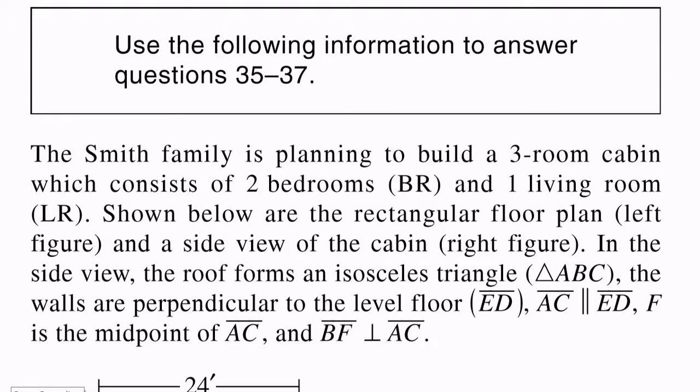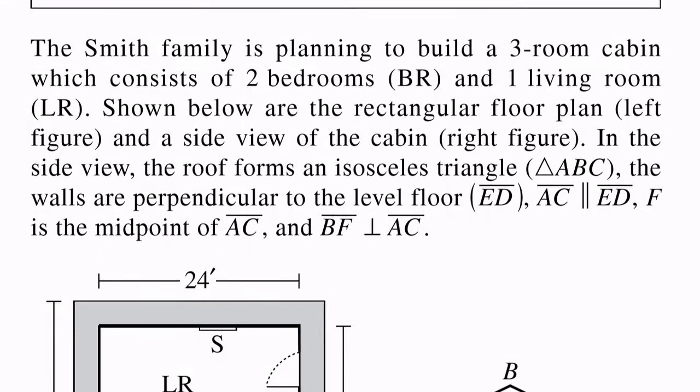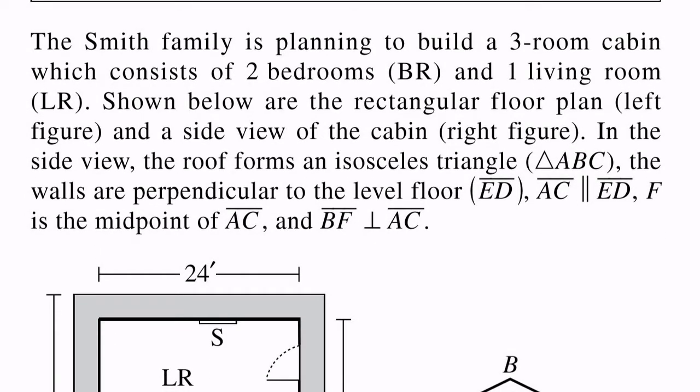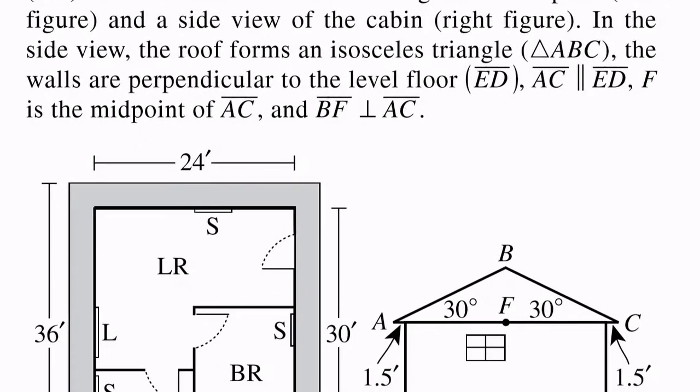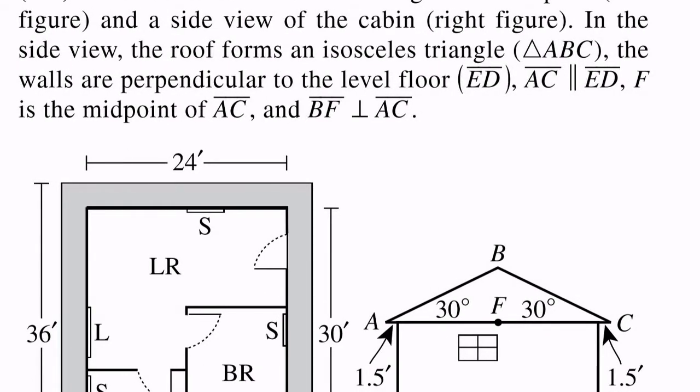Starting number 5, we will use the following information to answer questions number 35 through 37. The Smith family is planning to build a three-room cabin which consists of 2 bedrooms and 1 living room. Below are the rectangular floor plan, left figure, and a side view of the cabin, right figure. In the side view, the roof forms an isosceles triangle ABC.